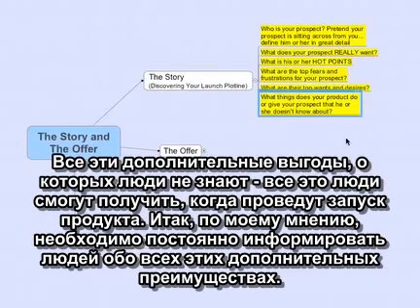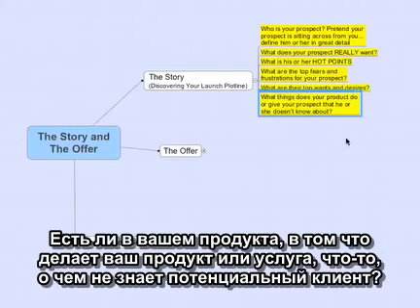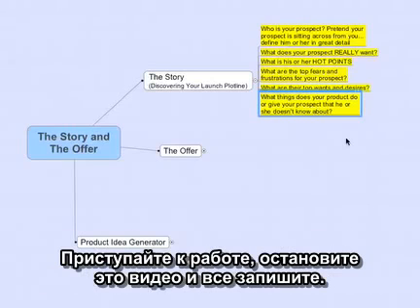There's all these extra benefits that people don't know about that they get from product launches. And so for me, it's a continual matter of educating people on all those extra benefits. So with your product, what does your product or service do that your prospect doesn't know about yet? So go ahead and stop the video and write that down or type it up.